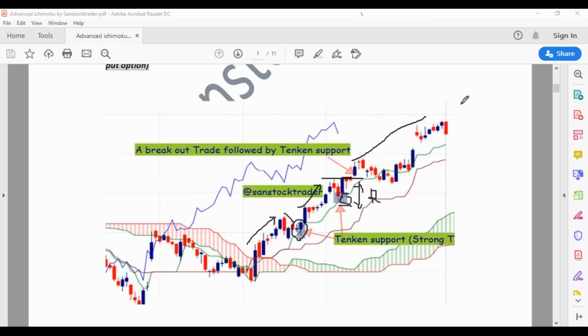What I suggested here is a fixed target strategy. One can also use trend following. In that, after the entry, we will not put any target. We will trail with the Kijun-sen, so whenever price closes below the Kijun-sen, we will exit the trade. The advantage of trend following is that one can catch a big move and make a very big profit on a trade.